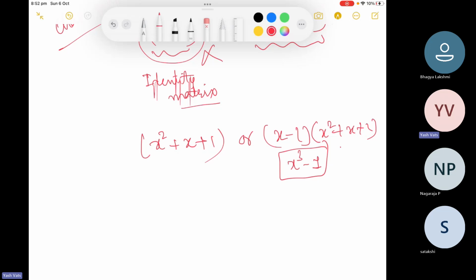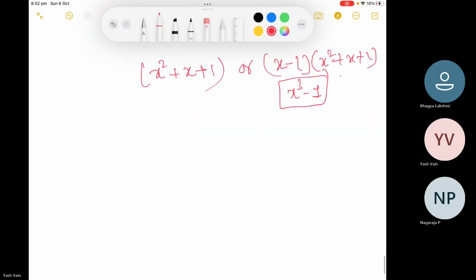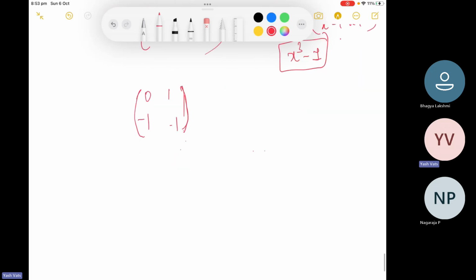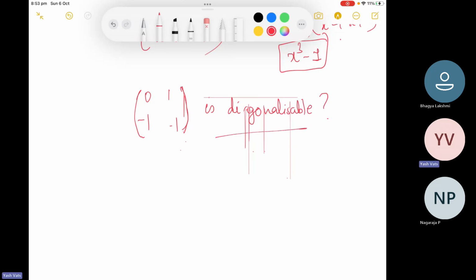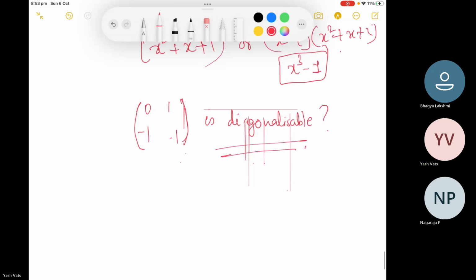So I can take maybe this type of matrix. Does this satisfy A cube is equal to identity? Can you check whether this matrix is diagonalizable or not? That is not diagonalizable, right?